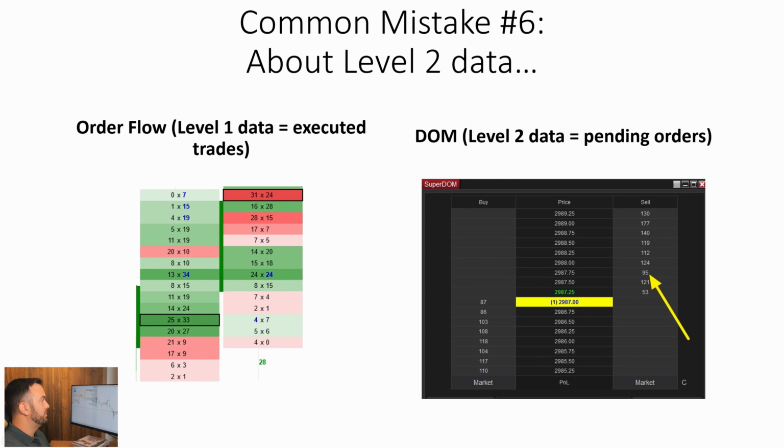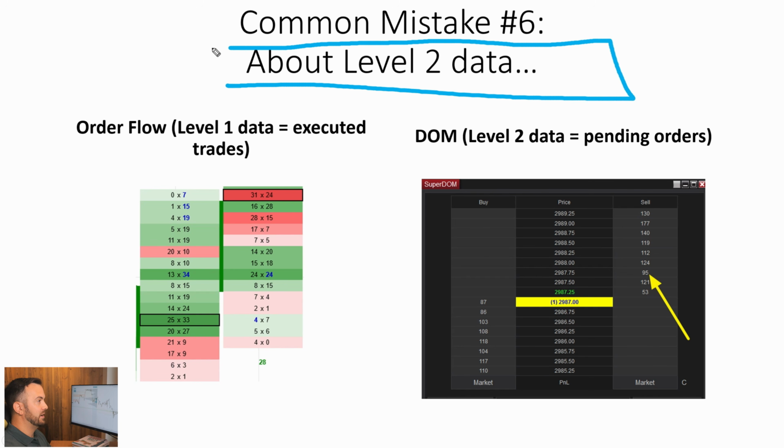Now, another thing that people keep asking me about is level 2 data. For some reason, people still think that they need level 2 data if they want to trade order flow. The difference between level 1 data and level 2 data is that level 1 data shows executed trades and level 2 data shows market depth, or in other words, pending orders.